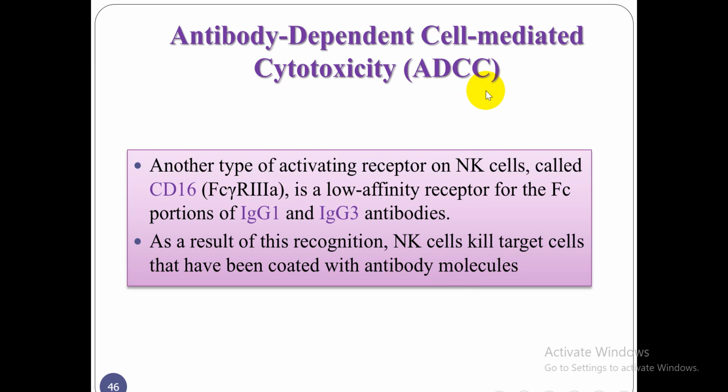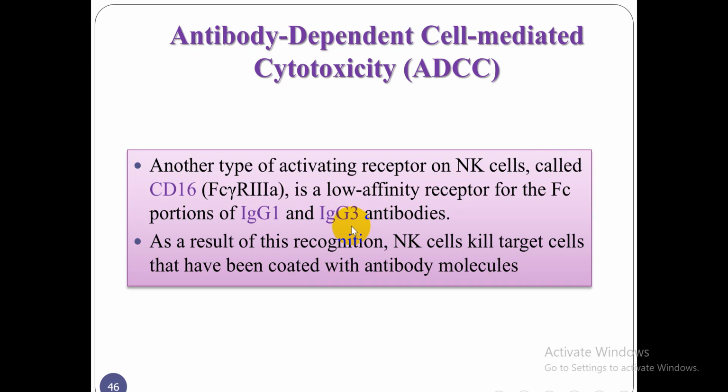You remember that I said one of the receptors which are present on the majority of peripheral blood NK cells is CD16, and this CD16 is a receptor for a part of immunoglobulin G. This is a low affinity receptor for the Fc part of IgG1 and IgG3 antibodies.